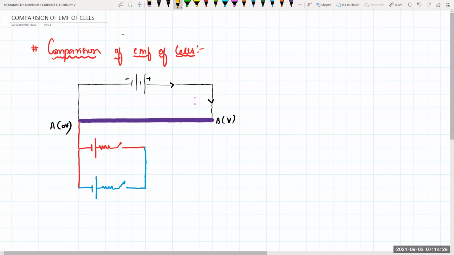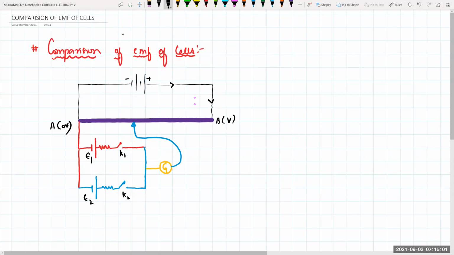Somewhere here we are connecting a galvanometer, and to this galvanometer a jockey. The EMFs of the cells are, say, E1 and E2, with internal resistances R1 and R2, or both internal resistances are the same, this kind of problem. This is key K1 and this is key K2.